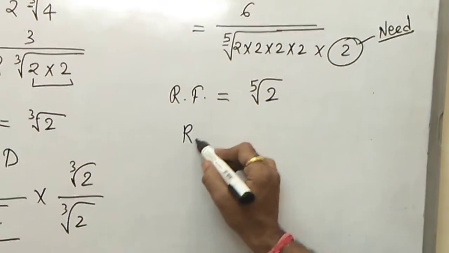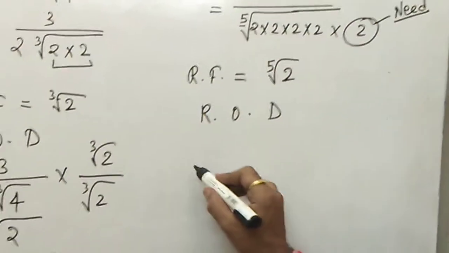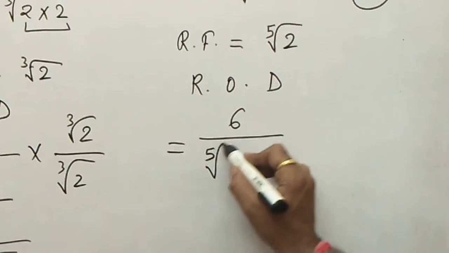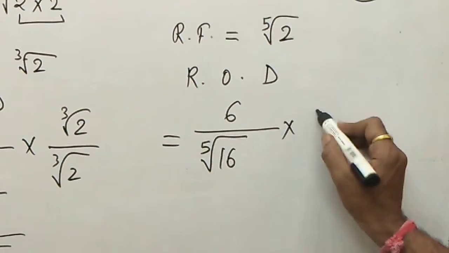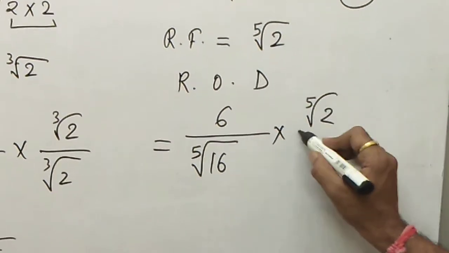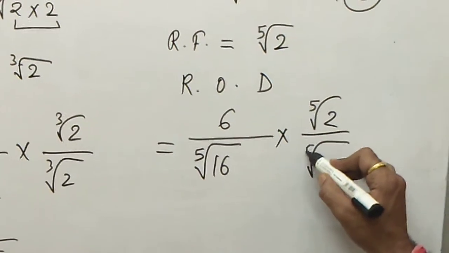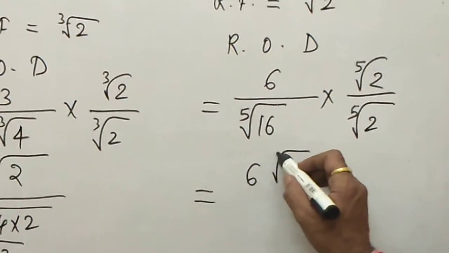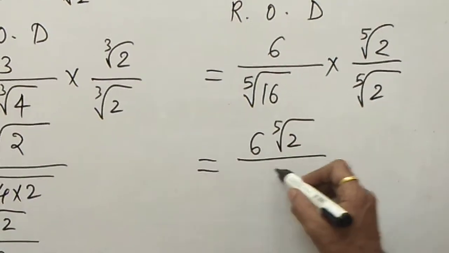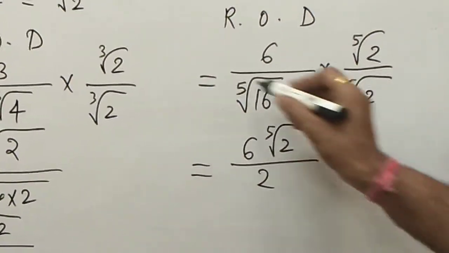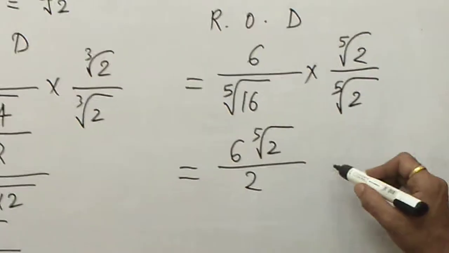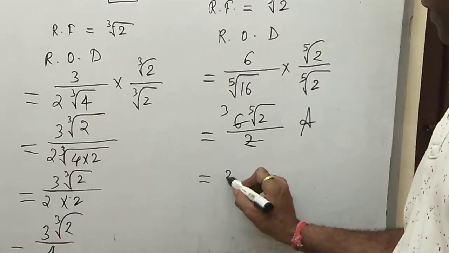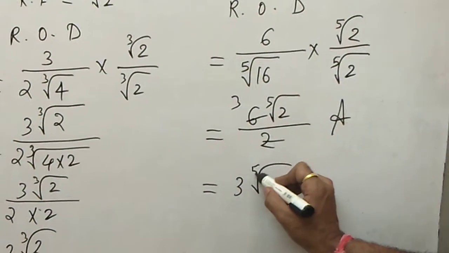And then after rationalization of denominator, you have 6 to the power fifth root of 16 multiply by fifth root of 2 here and fifth root of 2. Okay, then your answer is 6 fifth root of 2, and now here 2, because 16 to the 32 and 32, that is 5. So this is simplify. After simplify, maybe here cancel out, because after simplify you have 3 fifth root of 2.